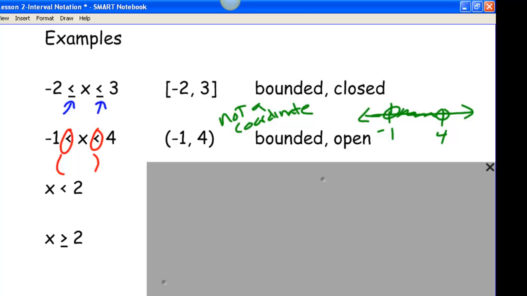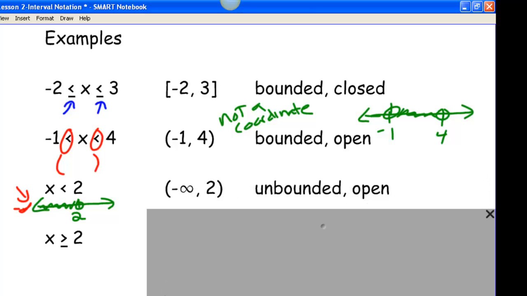If I have x is less than 2, if I would look at this from a picture perspective, I would have an open dot on 2, and I would shade everything to the left. So this is considered an unbounded region because I have a negative infinity where the interval begins. So it begins at negative infinity, ends at 2, and it's considered unbounded and open.